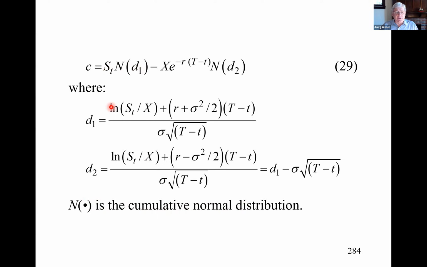And then here you have the strike price, you have e to the power with the interest rate in it, and again here you have the function value of the cumulative normal distribution, now calculated up to D2. That's the solution of the Black-Scholes differential equation for a European call option where the boundary condition is given here in equation 28.